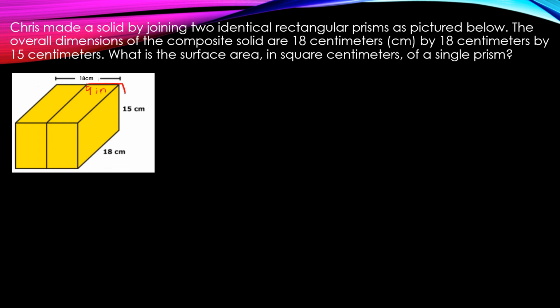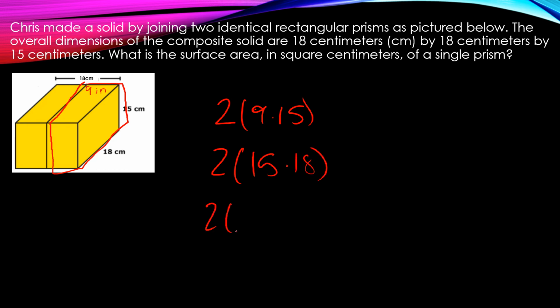Right? And then when I do that, I now know all the edges of this one box just by cutting that top length in half. So I can use my trick of 2 times 9 times 15, 2 times 15 times 18, and 2 times 18 times 9. Multiplying all those together and then adding them up.